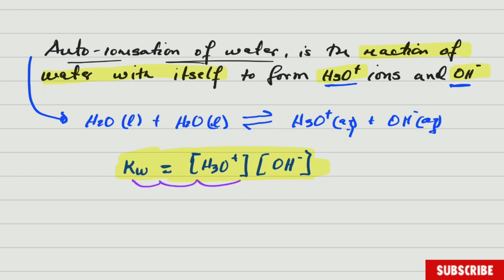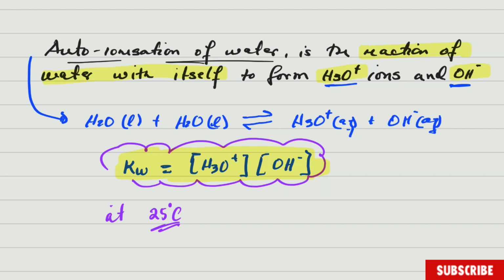And we know that if the temperature is 25 degrees Celsius, then it was calculated that the Kw was equal to 1.0 times 10 to the minus 14. That is the Kw. You're going to use this constant.